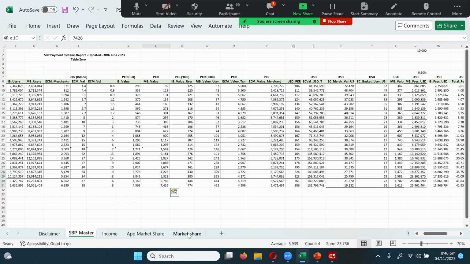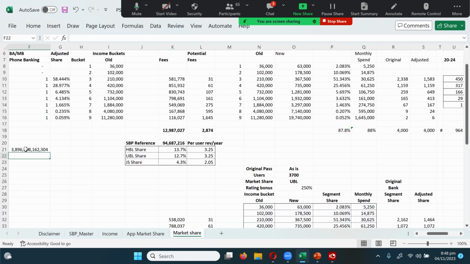But when we come here and look, it tells us that HBL has transacted only 3 trillion, right? And because HBL only transacted 3 trillion out of 4, so that's about 40% of the volume. So the volume is there, but the fee doesn't tie in. So there's something that is missing. So you'll have to figure that piece out.